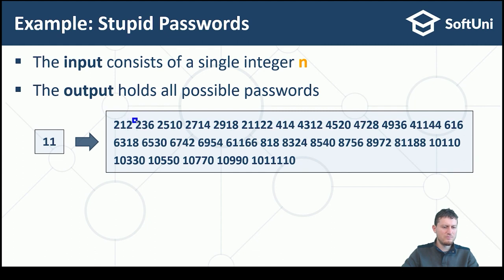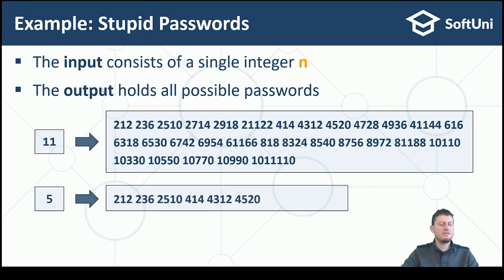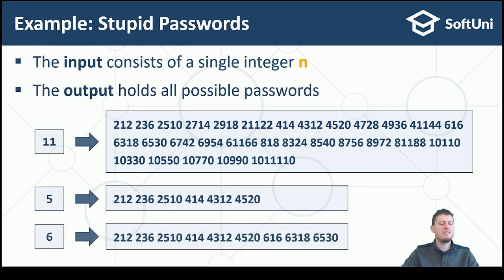We have 2, 3, and 6. We have 2, 5, and 10, etc. And finally, at the end, we have 10, 11, and the product 110. Okay, so let's check. This is for 5. Let's solve these stupid passwords.